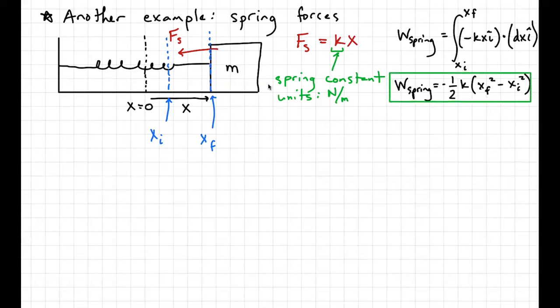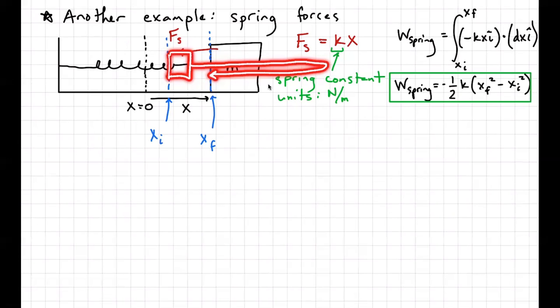Notice again that this has the character of not really caring how we got from the initial position to the final position. In fact, even though this is a one-dimensional problem, I could take many different paths to get from xi to xf. If I have my mass that starts here, for example, I can go straight to here and call it a day. That's one path to get from xi to xf. I could also have started here, gone way past xf, and come back to xf, and the work is the same.